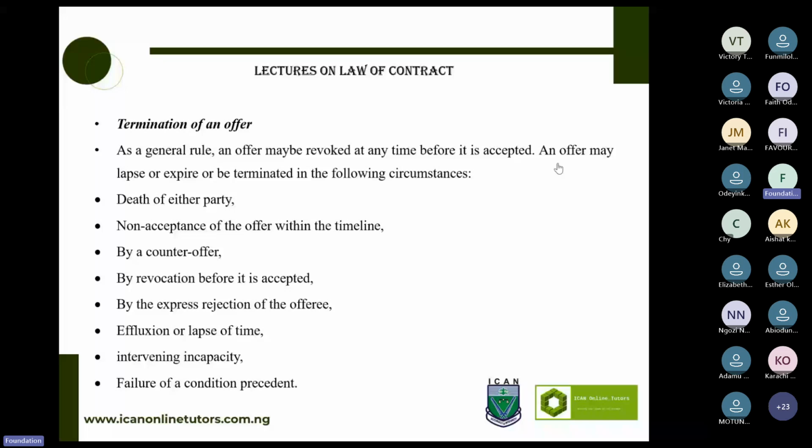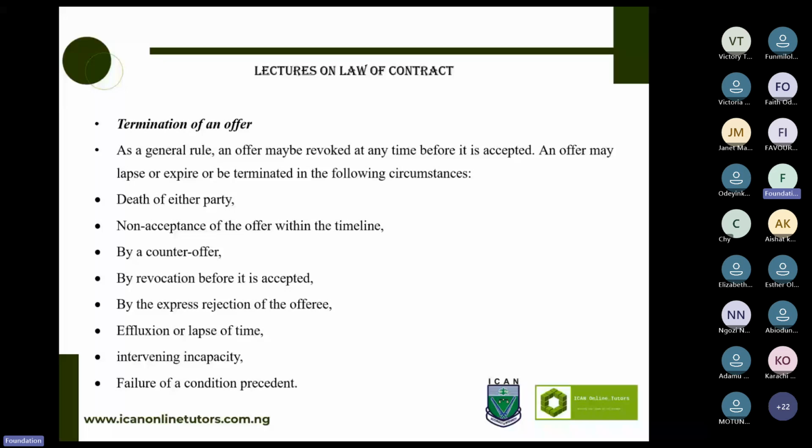Do you think that person will be willing to do a contract with you? The answer is no, because of political instability. It could also be a health issue. It could also be an economic issue. So that is what we refer to as intervening incapacity. The failure to continue or to accept the offer is actually not within your control.